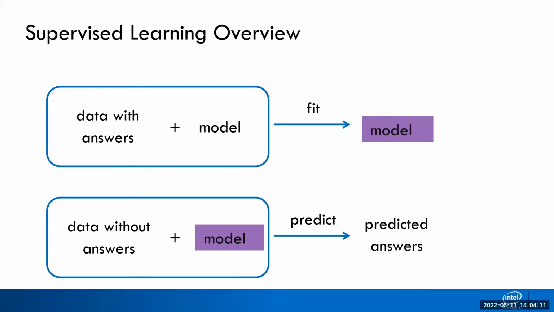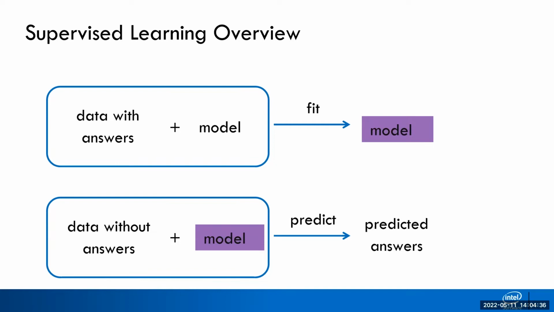So now some examples of supervised machine learning. Supervised learning utilizes data where we know the answer for the outcome. So we already know what the outcome is. We also need a model here, where we need to determine the parameters of the model.